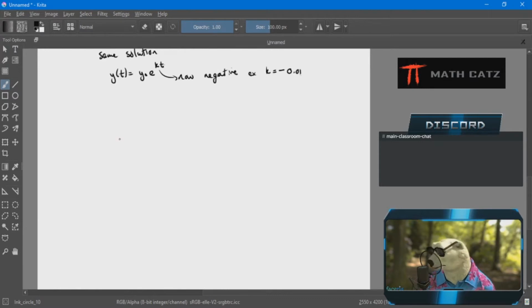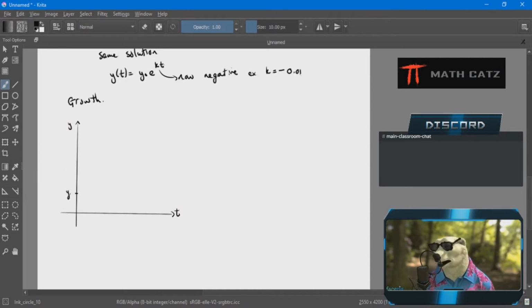So what happens when I visualize this? And how does it relate to the exponential growth? Well, exponential growth had a positive exponent here, resulting in the following graph. I have my time, I have my exponential growth, my y value. I start at an initial amount and it grows exponentially. Decay, when I have a negative exponent, it's going to reflect it in the vertical axis.